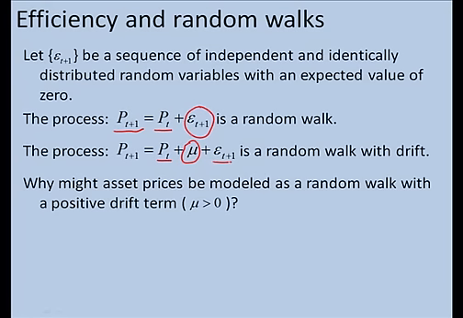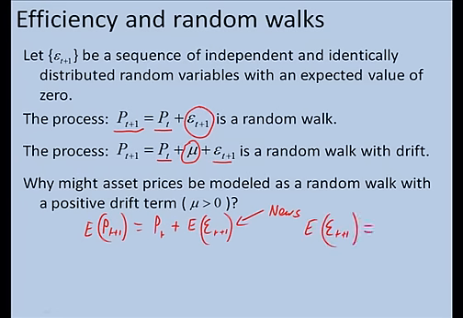If stock prices follow a random walk, then the expected price tomorrow is going to be equal to the price today plus the expected random error term, which we know is news. The expected random error term is equal to 0.